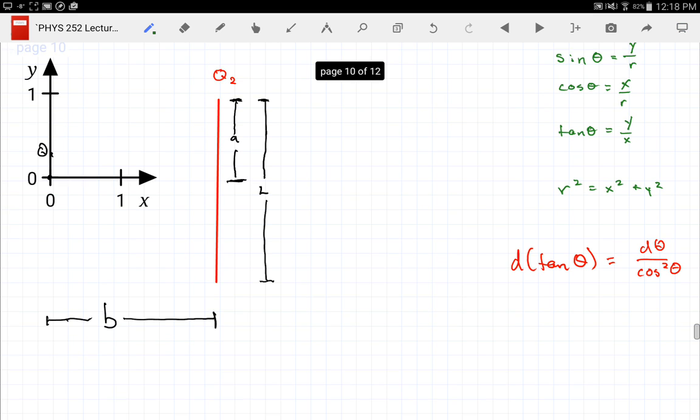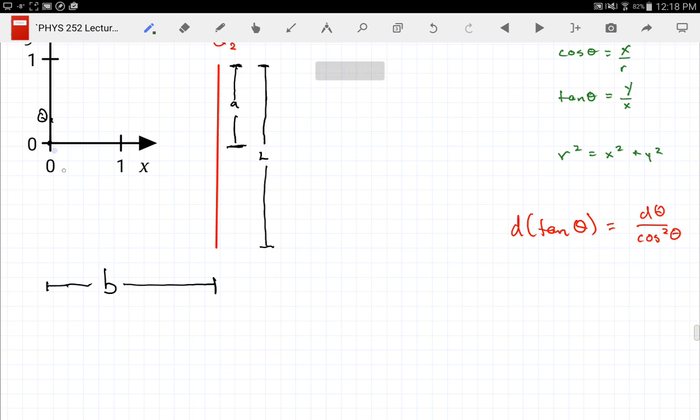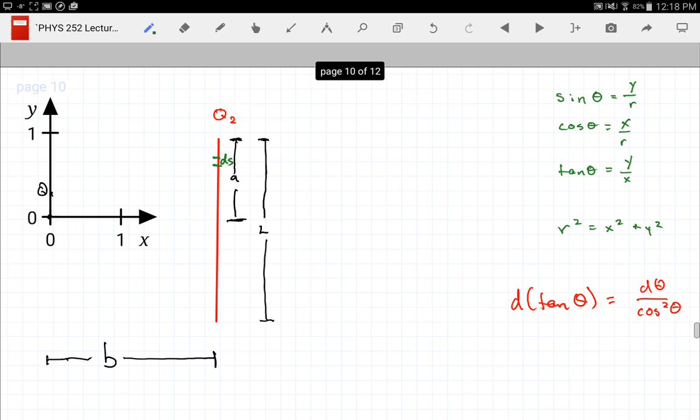you'll find your df, and you'll have to say, okay, let's say I'm looking at this little piece, ds here. That ds, of course, is going to be dy. So I'll have ds is equal to dy. Let me change to magenta like I did before.